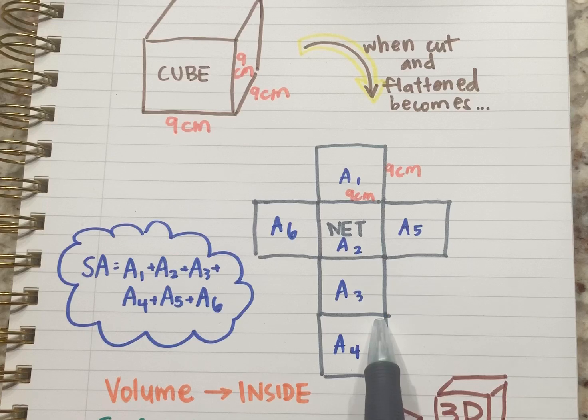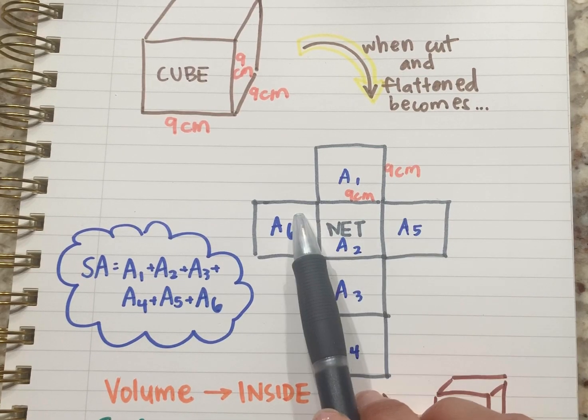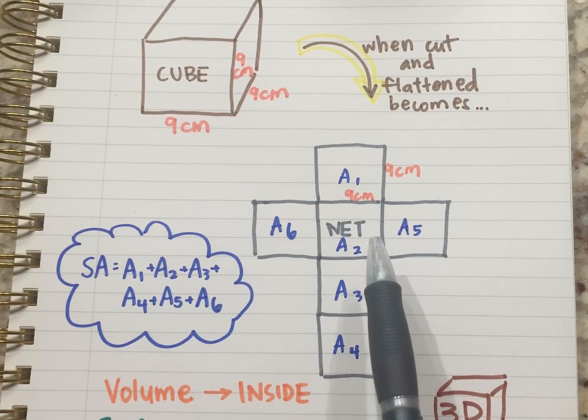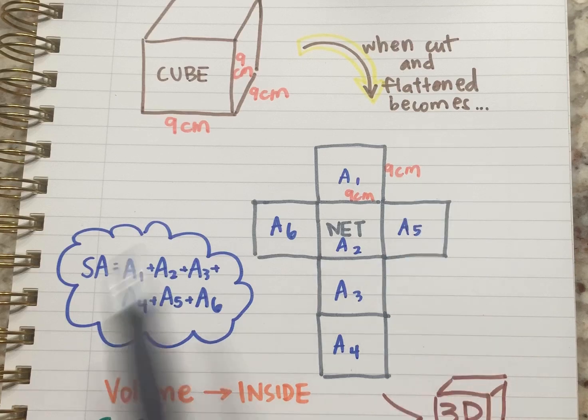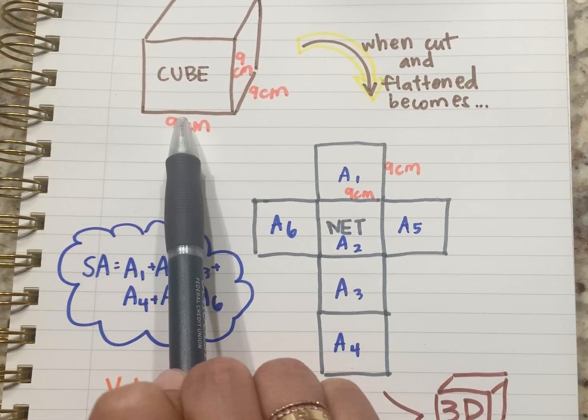But for a cube, since you have the same measurement for the sides, I want you to think what's a creative way to calculate surface area. Okay, so the first part of your assignment is to actually give me the surface area of this net, of this cube.